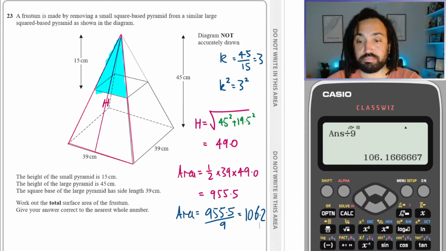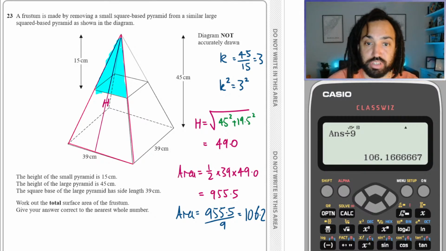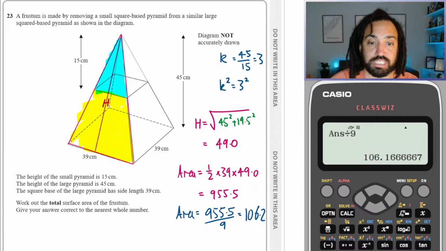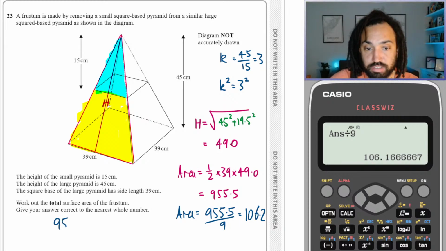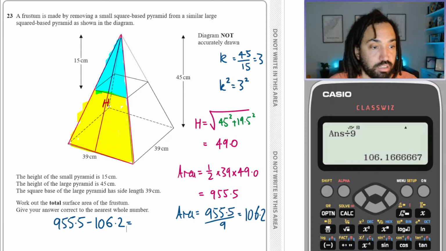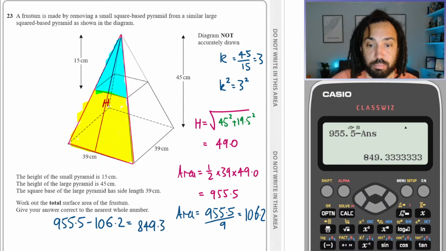Okay, so now we can work out the actual part of the shape which we're looking for, this yellow bit. Because the yellow bit is the pink area we worked out minus the blue area. So it's 955.5 minus that area, and we get 849.3.